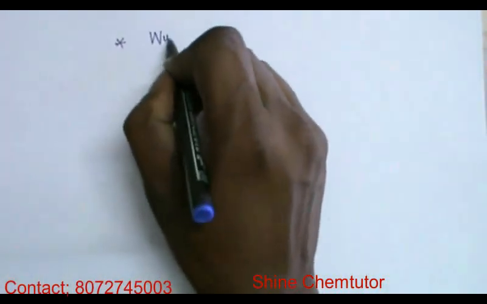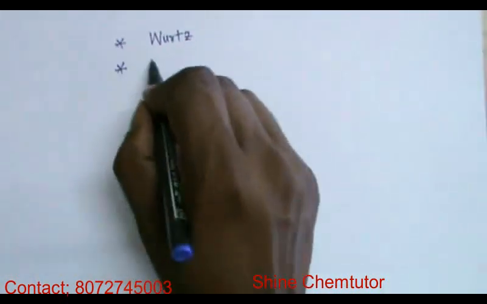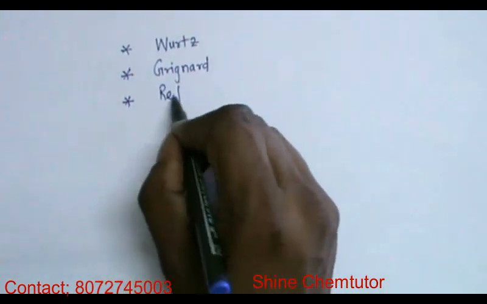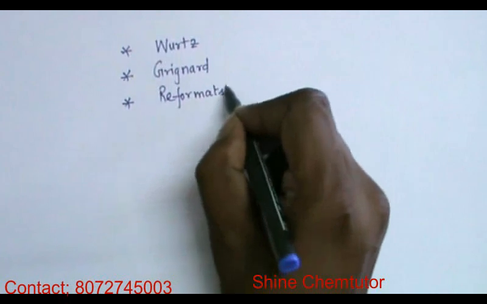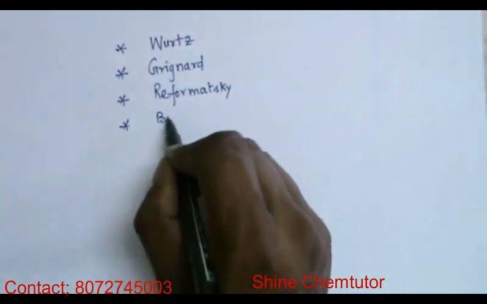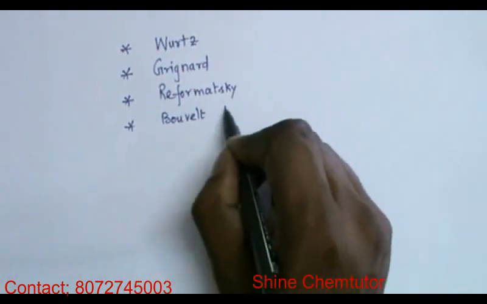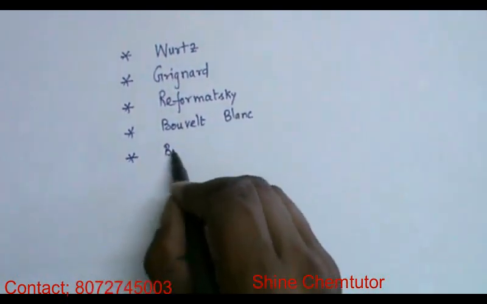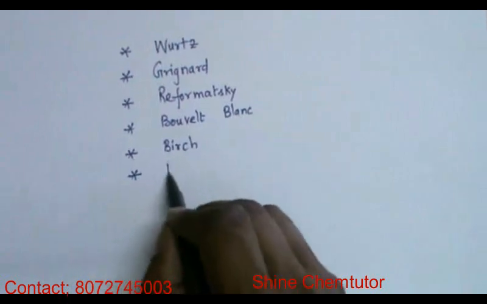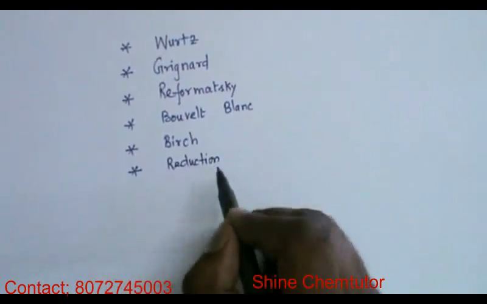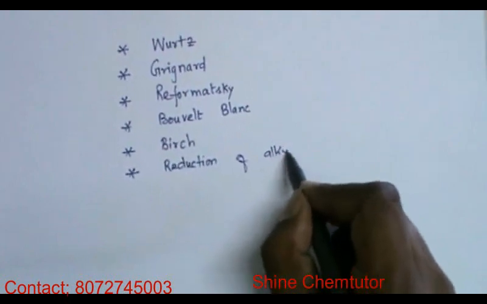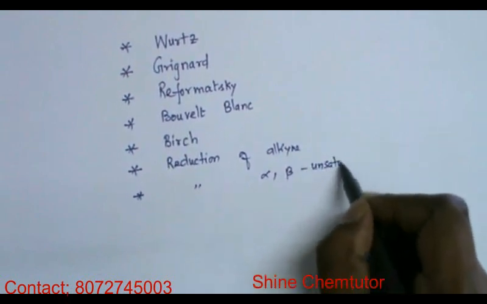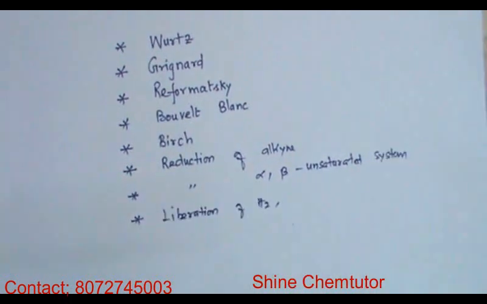The first one, Wurtz, Grignard, Reformatsky, Bouveault-Blanc reduction, Birch reduction, reduction of alkyne, reduction of alpha beta unsaturated system, separation of acidic hydrogen.